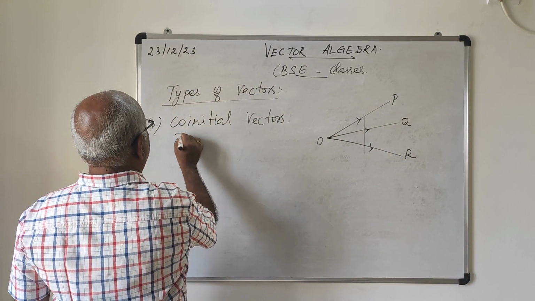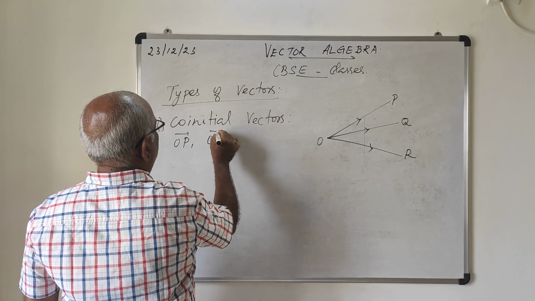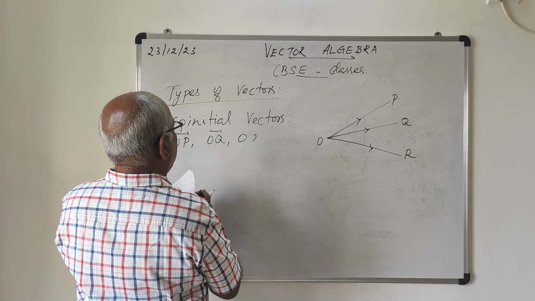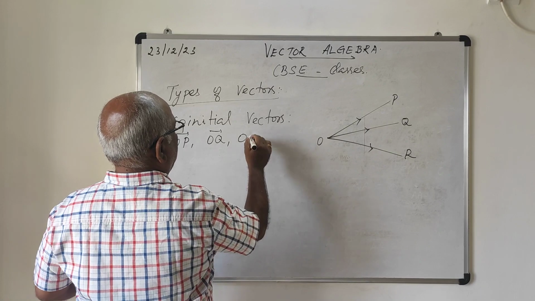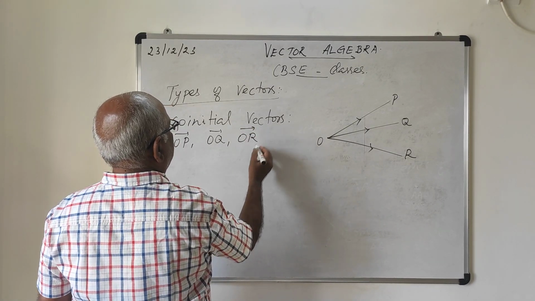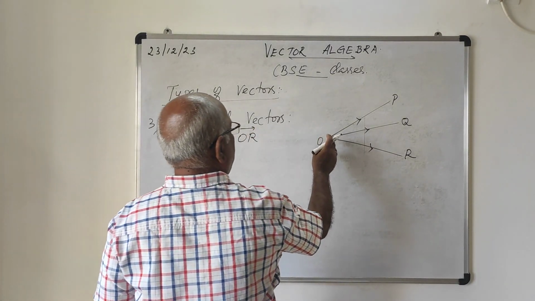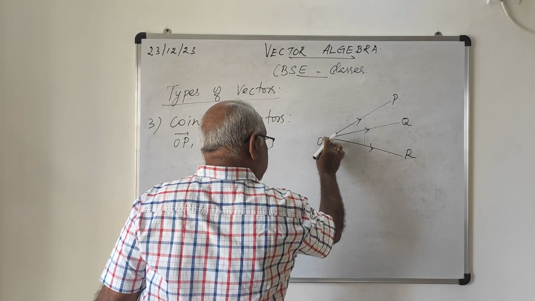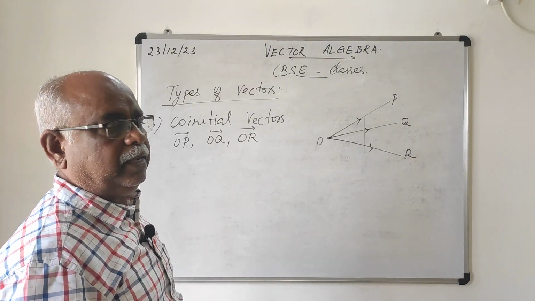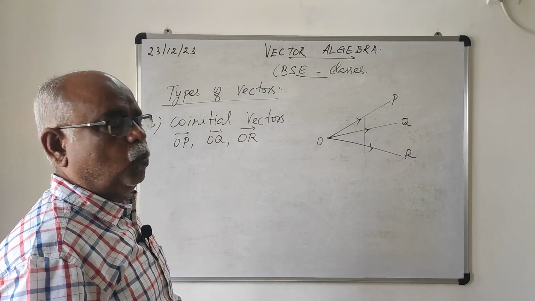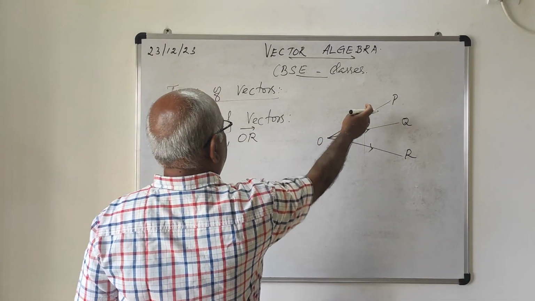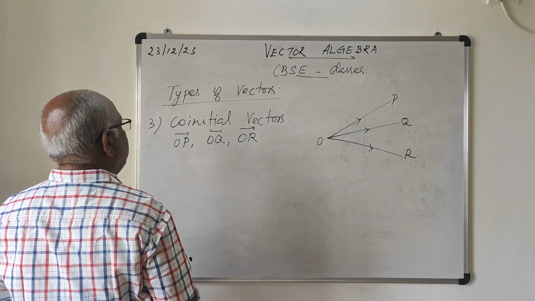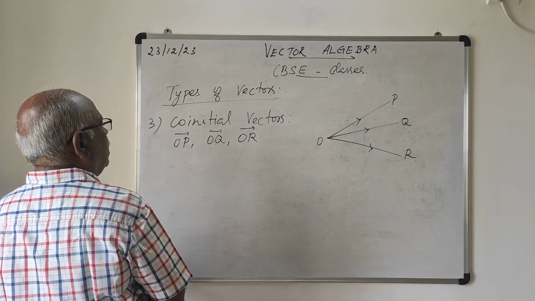OP, OQ, OR are called co-initial vectors, whose initial point is one and the same. That means O or A, whatever it may be, AP, AQ, AR also we can say.